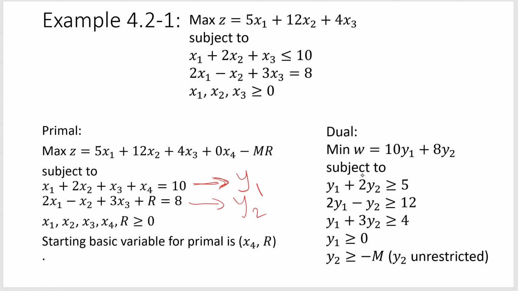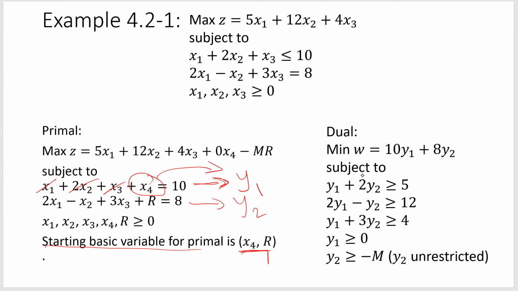The starting basic variables here are x4 and xr. It means x1, x2, x3 are 0. So x4 we associate to y1.